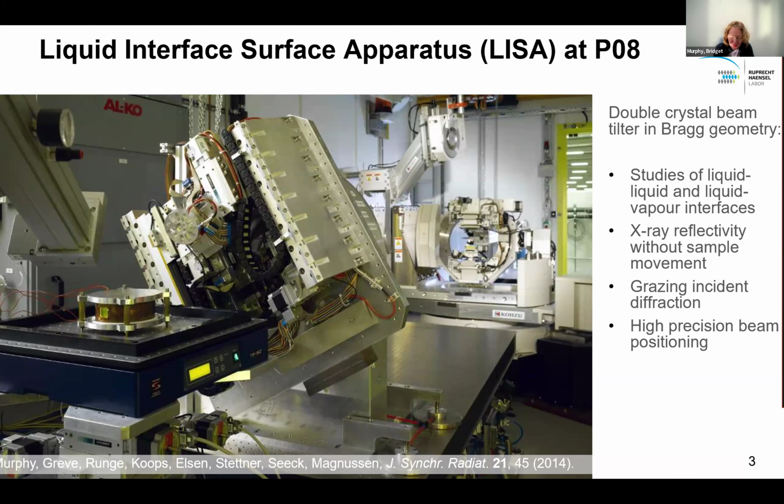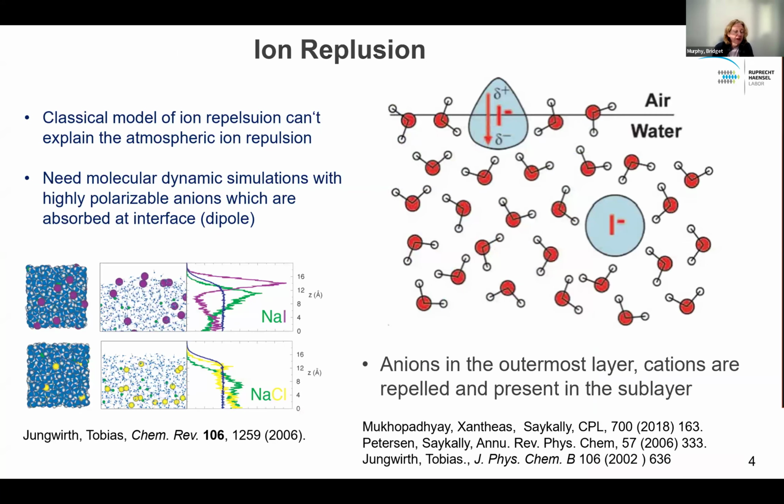And there's many different reasons that you would like to look at liquid interfaces. I won't go through all of them now, but one is to try and understand ion repulsion. If you think of the classical model of ion repulsion, it can't really explain ion repulsion in the atmosphere. And then if we look at more modern molecular dynamics simulations, where highly polarized anions are discussed or how they are absorbed at interfaces, then you can see examples here.